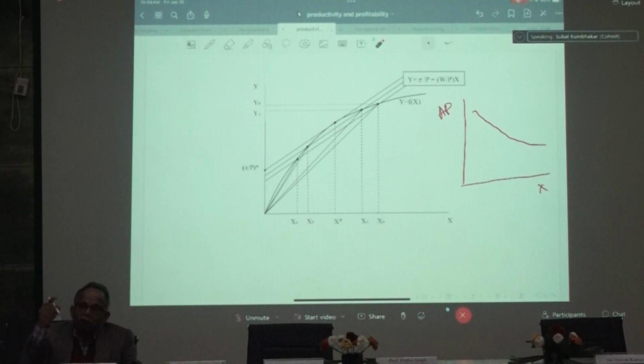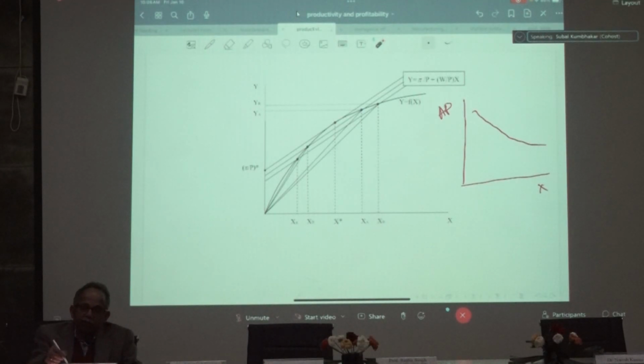So the point is that although productivity or average product is going down, profitability, I sometimes use the word profit or profitability to mean the same thing, is not necessarily decreasing. It will increase at the beginning, then it will reach the maximum, and after that it will fall.